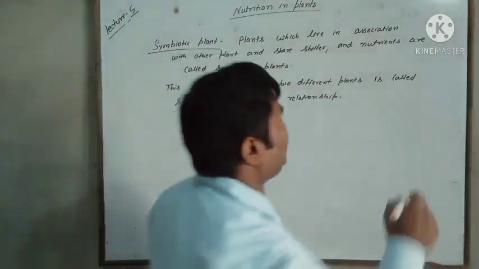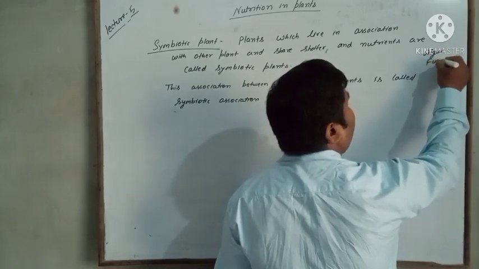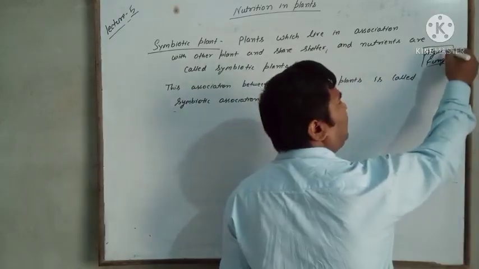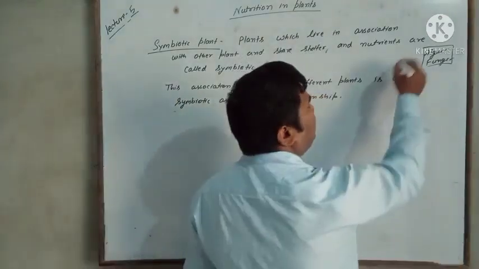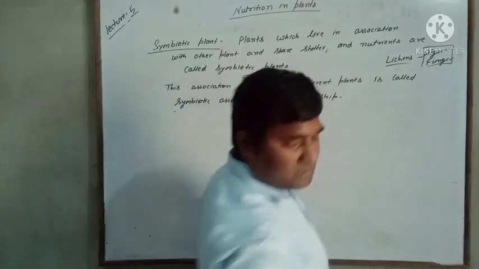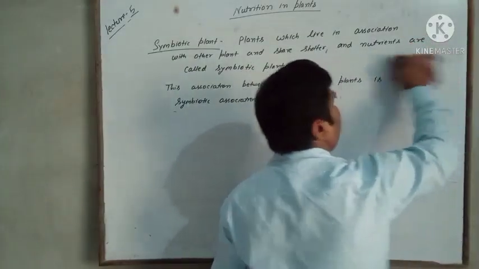Oh, I forgot one thing. This algae and fungi are two different organisms. Algae is a green plant and fungi is a non-green plant. They are together called lichens. Okay, so they are together called lichens. So I will write here also.